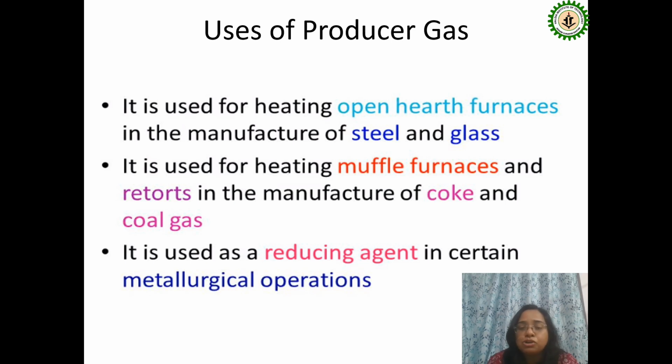Also, we have discussed the synthesis of the producer gas in a reactor named the gas producer. In the reactor there are mainly four zones. The bottom zone is the ash zone, followed by the combustion zone, then the reduction zone, and ultimately the distillation zone. So I think that today's lecture is clear to all.